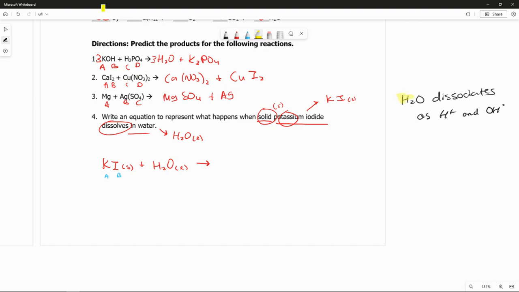So this is something you should know. Water disassociates as H plus and OH minus. So actually, H plus is going to be our C, and OH is going to be our D. We'll just put a C here and a D here, and pretend like we know what this means.